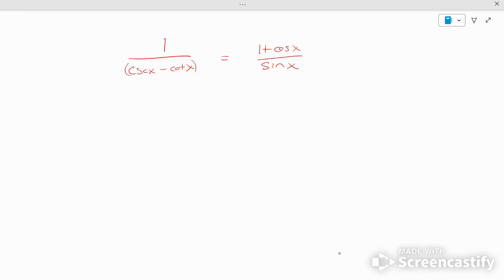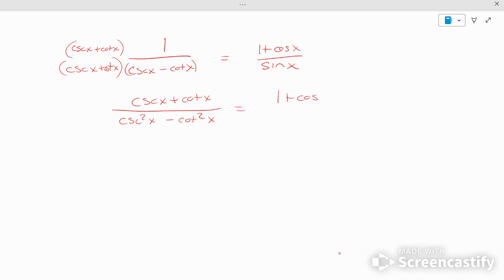I'm just going to multiply this by the conjugate of the denominator, top and bottom. So I'm going to go cosecant of x plus cotangent of x, cosecant of x plus cotangent of x. So I get cosecant of x plus cotangent of x over cosecant squared of x minus cotangent squared of x equals 1 plus cosine of x over sine of x.